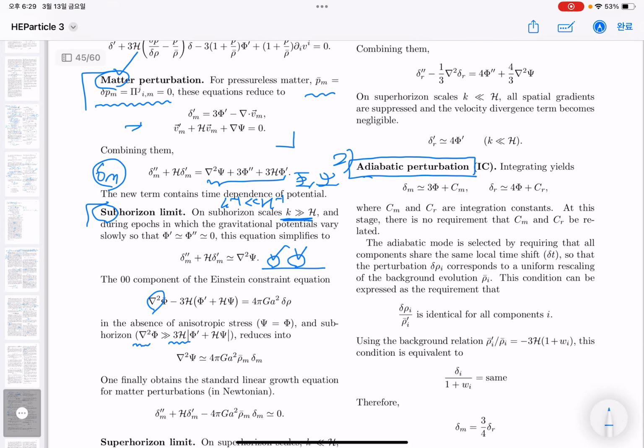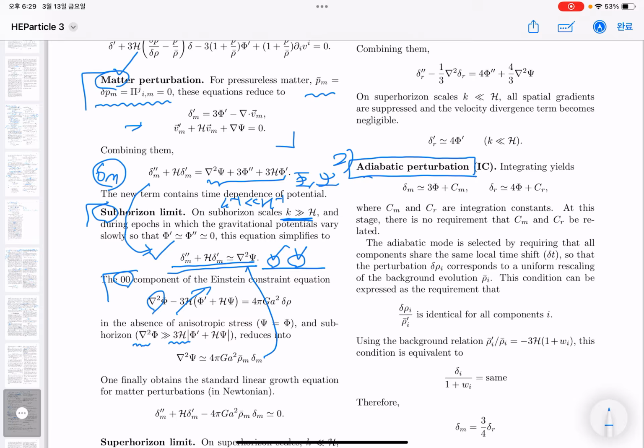Instead of that, we can ignore the Hubble term. Then this is the conservation equation for the subhorizon limit, and if we consider the 00 component of the Einstein field equation, then this reduces to the following form.